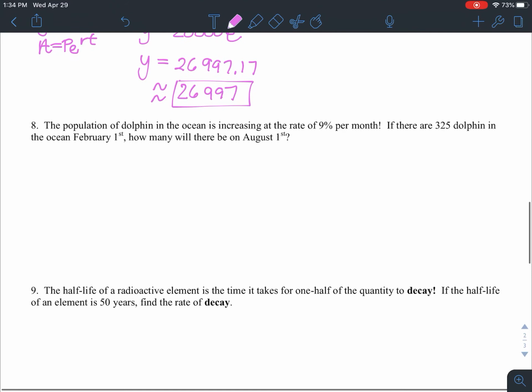All right, 8. The population of dolphin in this ocean is increasing at a rate of 9% per month. Now read this. Okay, so our units are changing. If there are 325 dolphin in the ocean February 1st, how many will there be on August 1st?